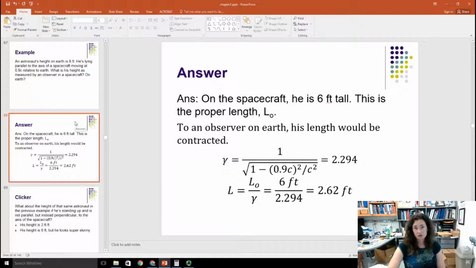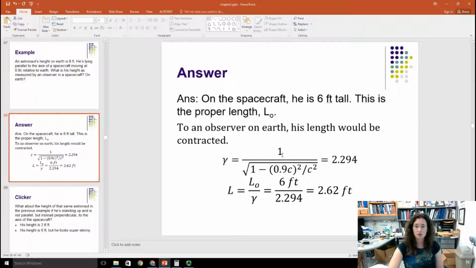Well, the simple question is, how tall is he to somebody on the spacecraft? Because on the spacecraft with him, nothing looks different. He's still 6 feet tall if you're with him on the spacecraft. This becomes your proper length L0. Now, to an observer on Earth, his length would look contracted. It would be contracted by a factor of gamma, which, as you remember, is 1 over the square root of 1 minus u squared over c squared.